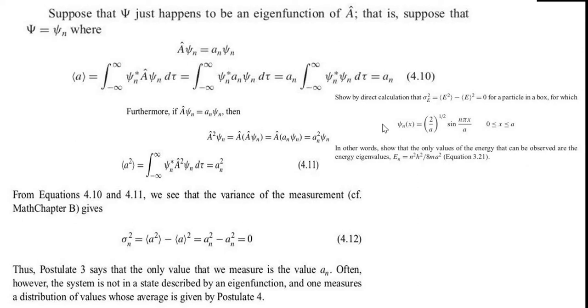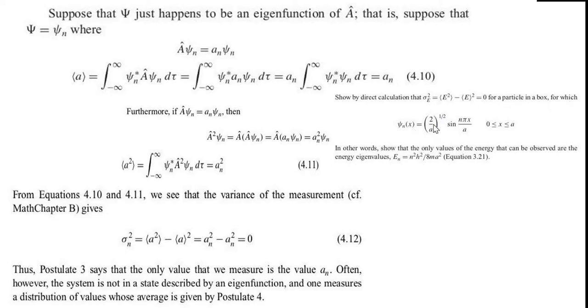but here is a problem. By direct calculation of sigma, that is variance in energy, it was sigma in A, but now this is sigma in E, that is E square average minus E average square equal to 0 for a particle in a box, for which psi n x is this.